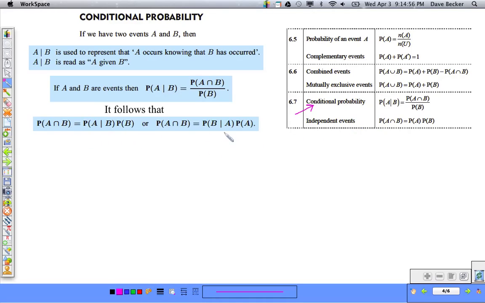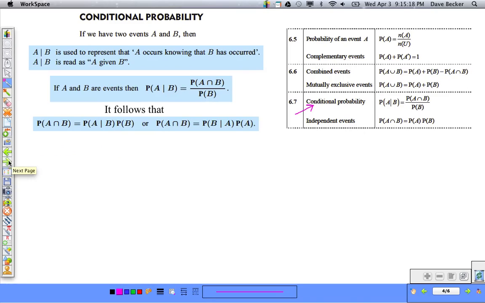And then the intersection, if we have a conditional probability, the intersections will change based on that and based on what's first. And we'll tackle this right here. It's just a form of this formula right here. It's just that we have A given B if it's a conditional probability.